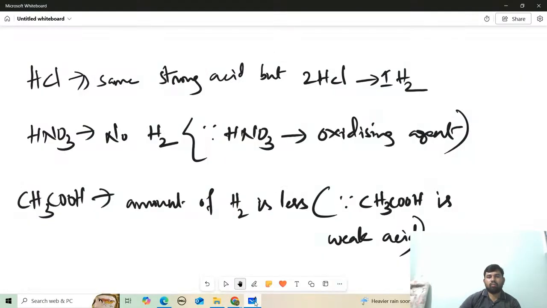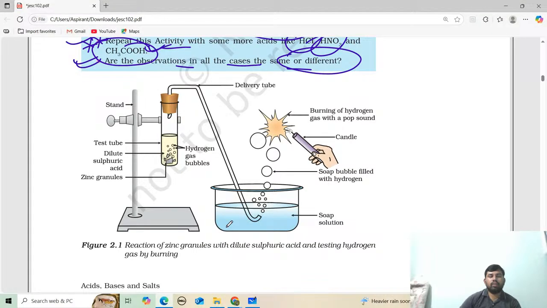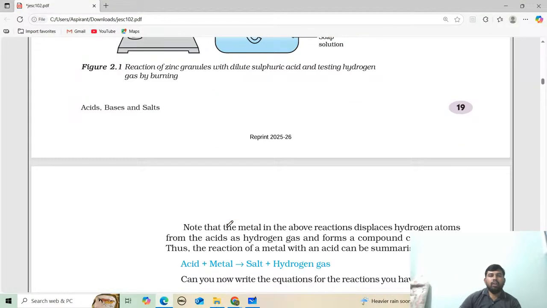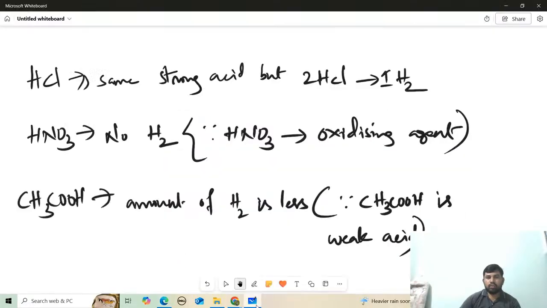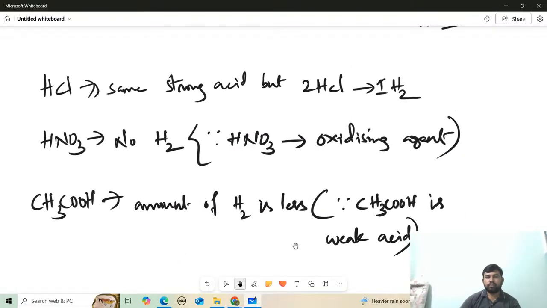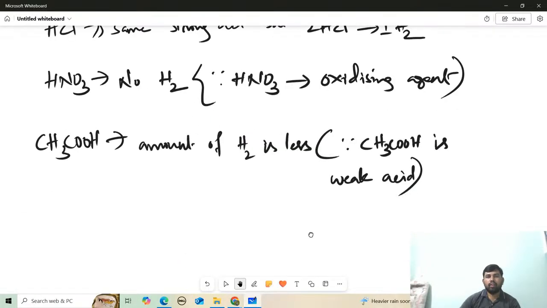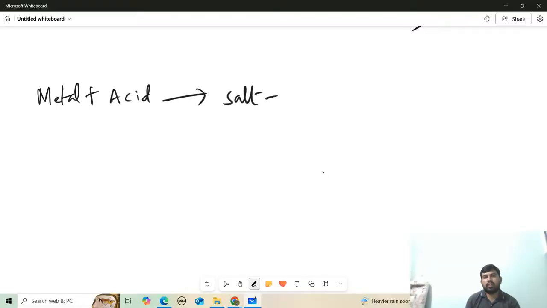Now come to the next one. What they given here? So now, metal plus acid. By this equation, finally, there is a conclusion here. When there is a reaction between metal plus acid, it gives salt and hydrogen gas.